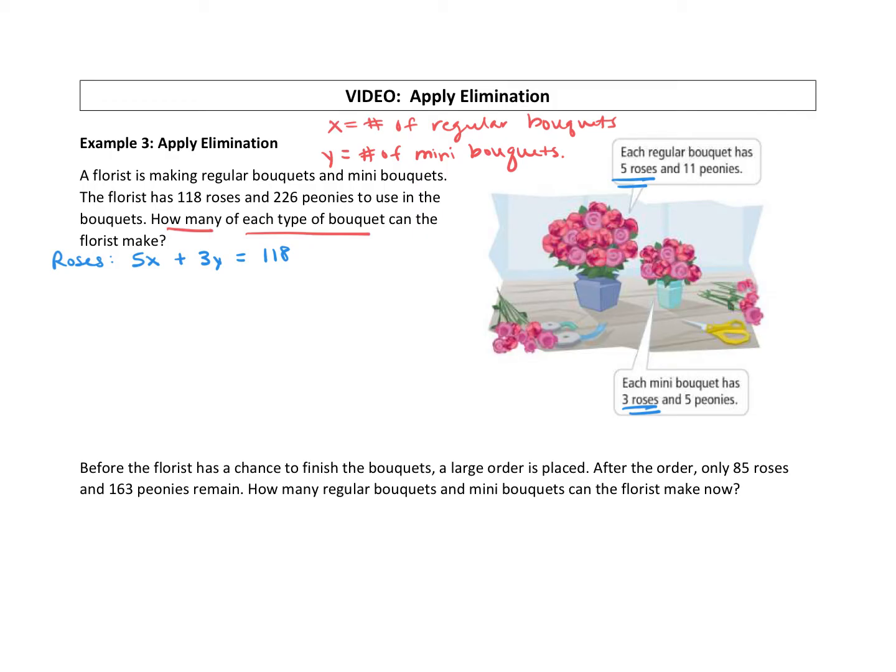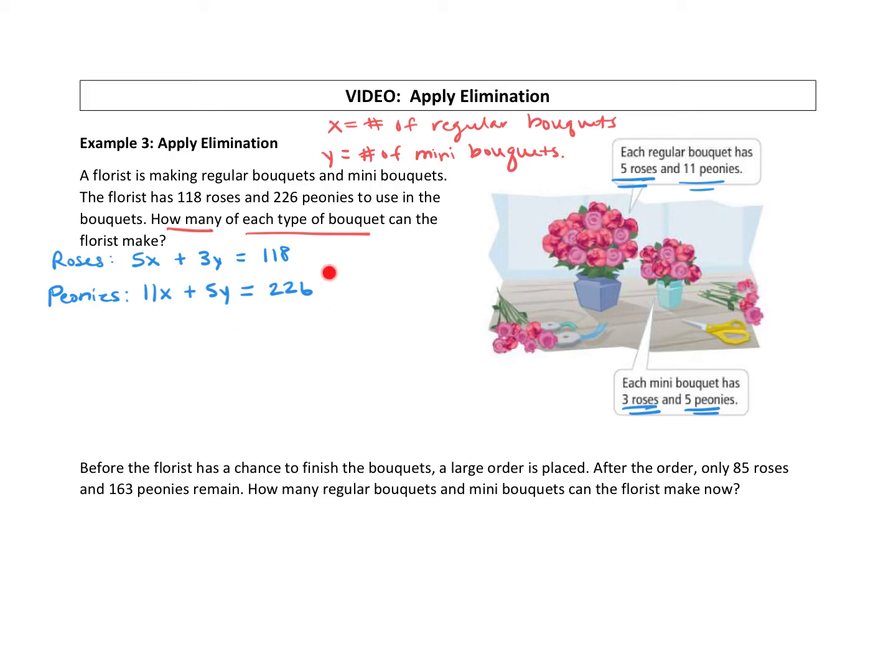We're going to follow that same thinking and write an equation for the peonies. Let's see, a regular bouquet uses 11 peonies, so 11 peonies times our number of regular bouquets, plus we use 5 peonies in each mini bouquet, so 5 times Y mini bouquets, and that's going to equal our 226 total peonies.